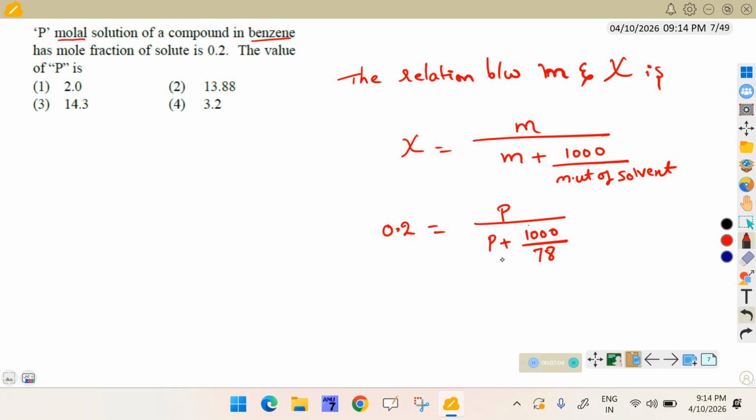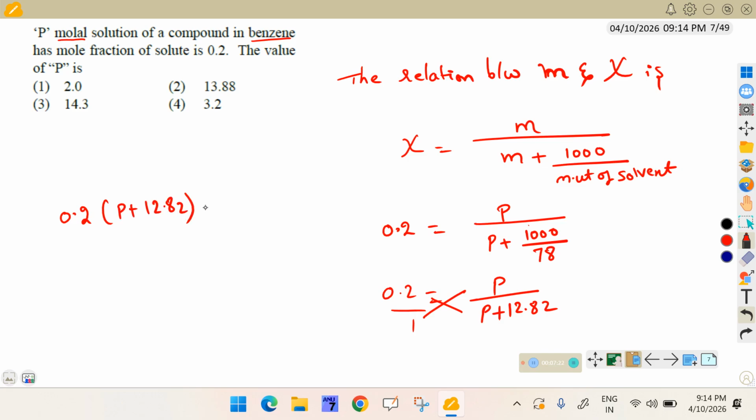Now simplify. 0.2 is equal to P by P plus 12.82. Cross multiply. Then 0.2 into P plus 12.82 is equal to P. 12.82 is equal to P minus 0.2P.